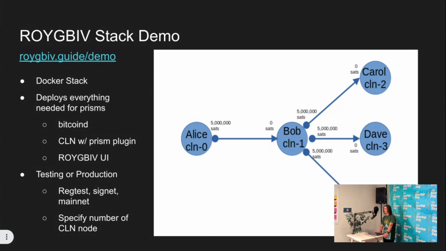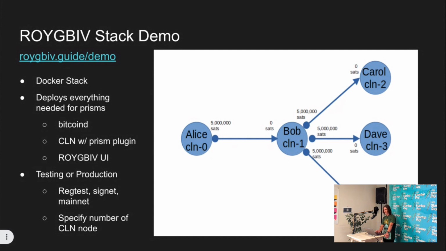Were you guys able to connect to each of your Clams wallets? Alright, so I can just open up Bob, and I've already created an offer on Bob's wallet. So here you can see I'm connected to Bob, and this offer represents a Prism that you could go to royjibiv.money and create, but I wasn't able to get connected.